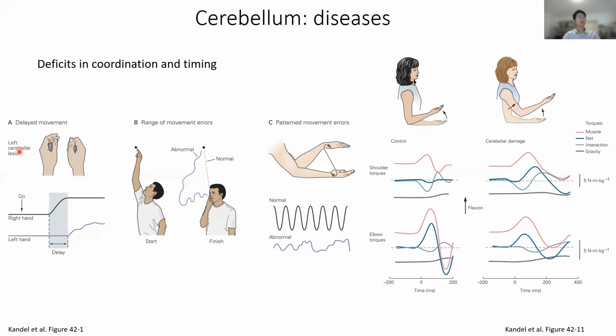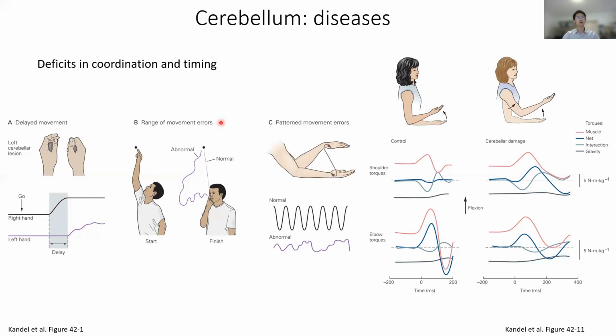What you observe on the same side as the lesion, your left hand, when you do a movement in response to a go signal, the left hand has a problem with the timing. So there's a delay on the lesion side.